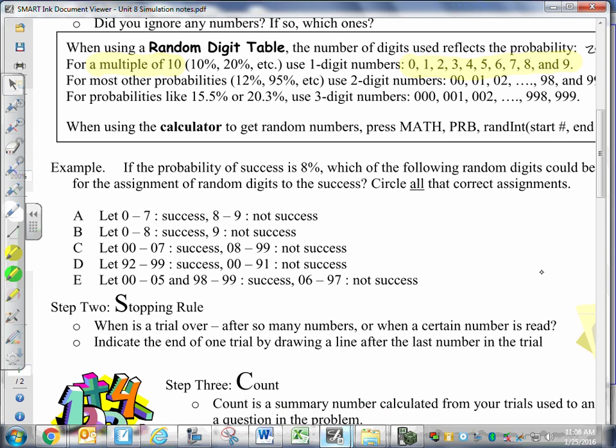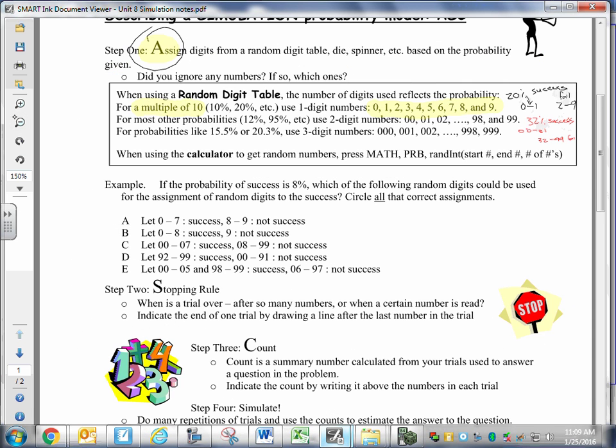Now, here's an example. Always think of a success as doing something and getting what you're looking for. Like I want to flip a tail. An 8% success rate would be like there's an 8% chance that I'm going to flip a tail. Question is, which of the following random digit assignments could be used for the success?